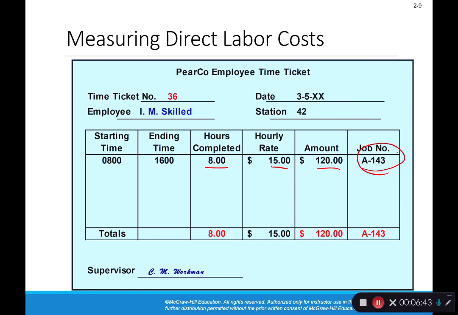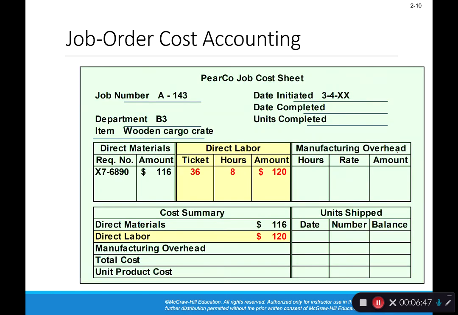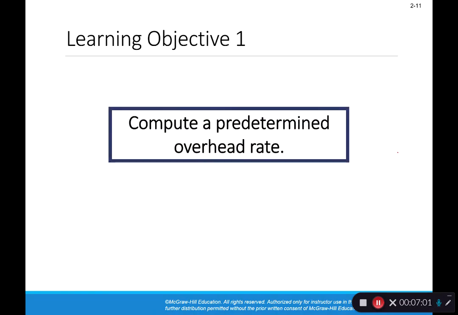So those labor costs are going to get directly traced to our job and included in the job cost sheet. So the labor hours that are used for the job get directly traced and included in the job cost sheet. That part is relatively easy to do because direct materials and direct labor can be directly traced to our jobs.